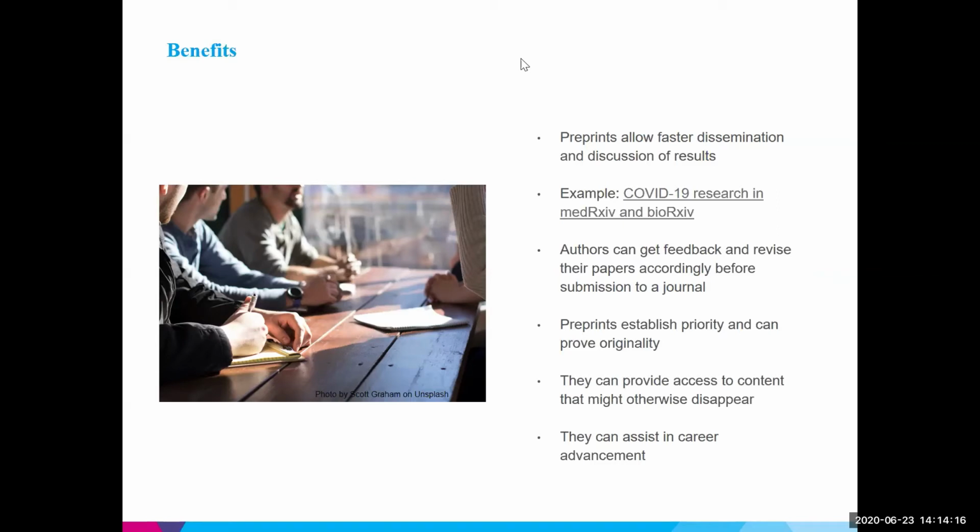So tenure committees can take that into account when they're looking at people who are looking for a promotion. So, in summary, preprints have a whole lot of benefits.